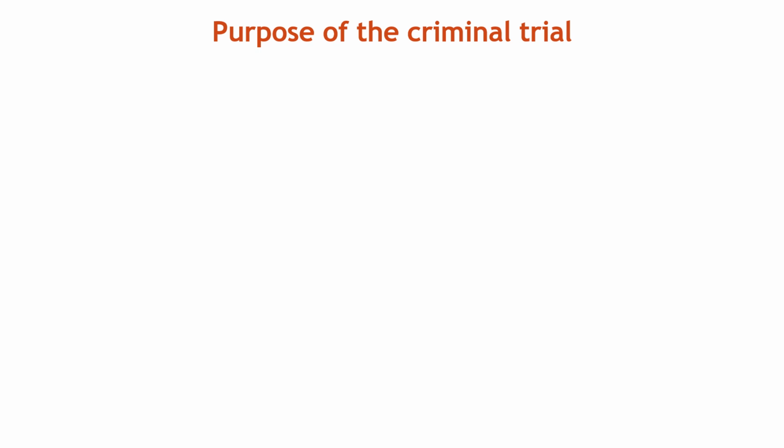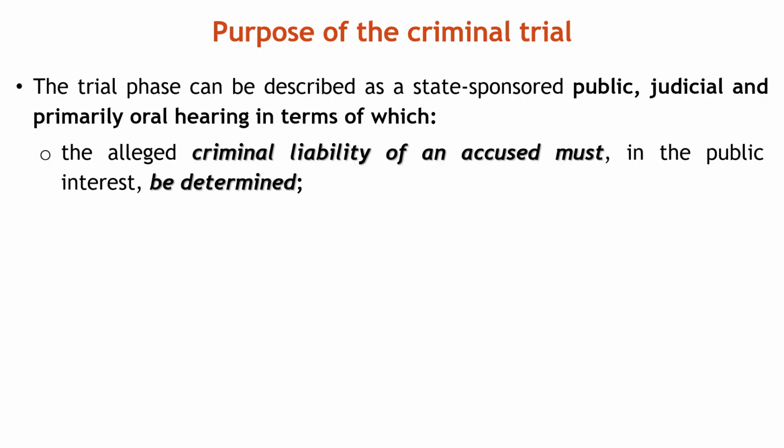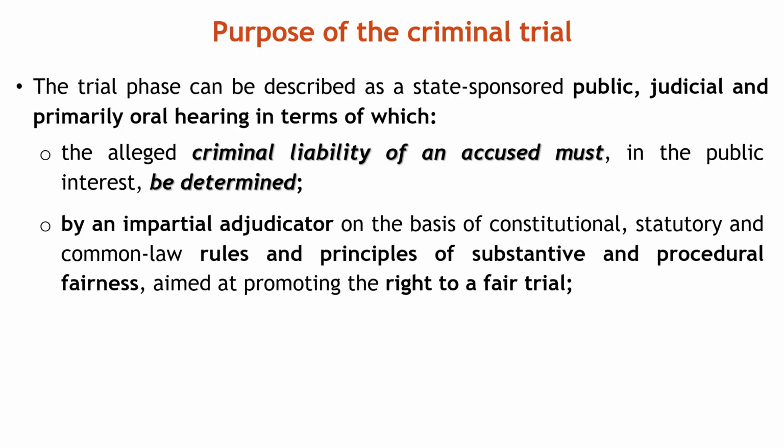In totality, the trial phase can be described as a state-sponsored, public, judicial and primarily oral hearing, in terms of which the alleged criminal liability of an accused must, in the public interest, be determined by an impartial adjudicator on the basis of constitutional, statutory, and common law rules and principles of substantive and procedural fairness, which is aimed at promoting the right of the accused to a fair trial.